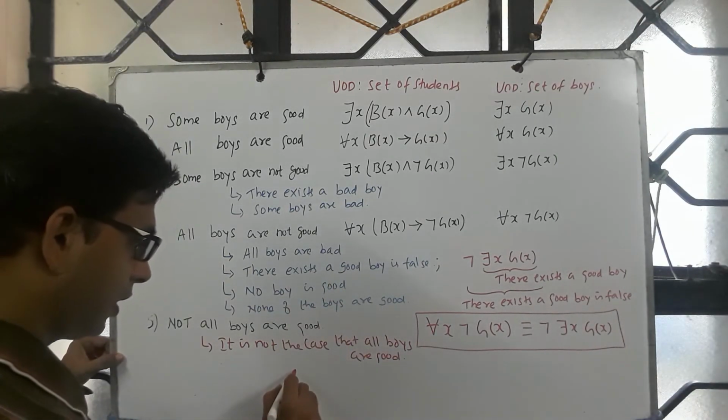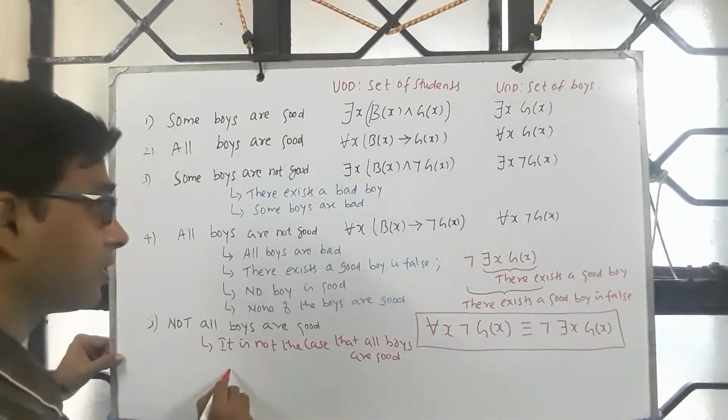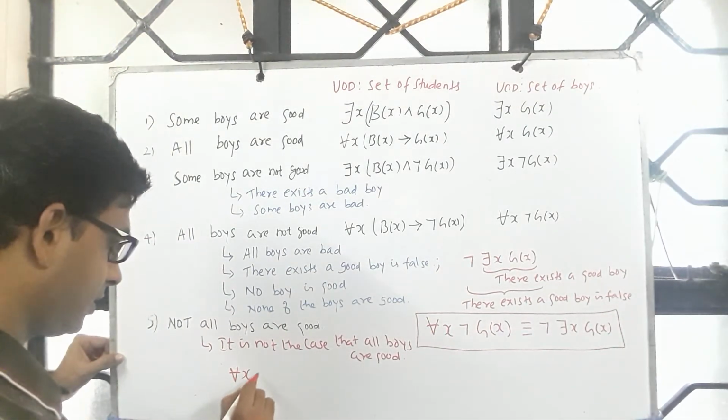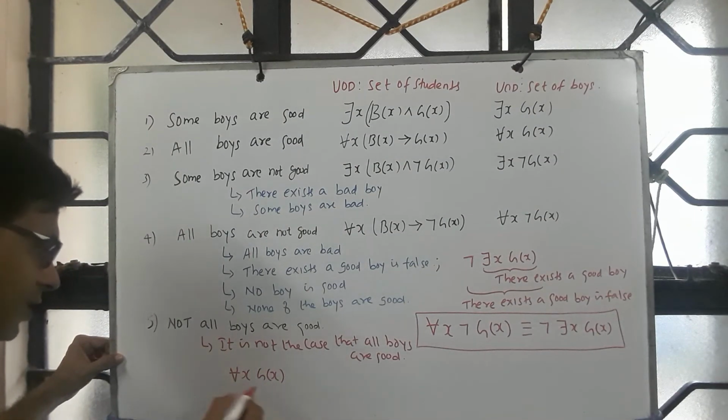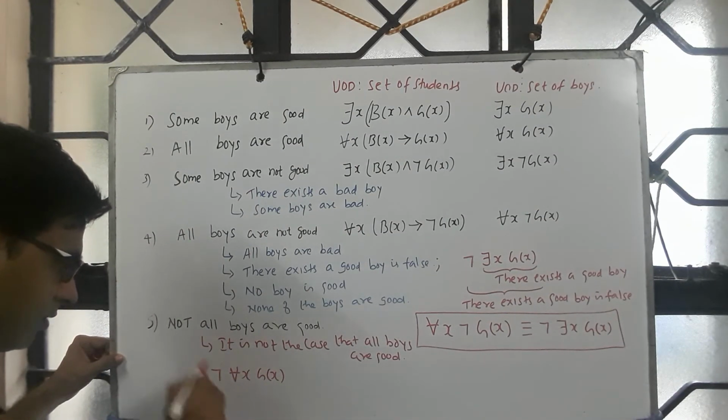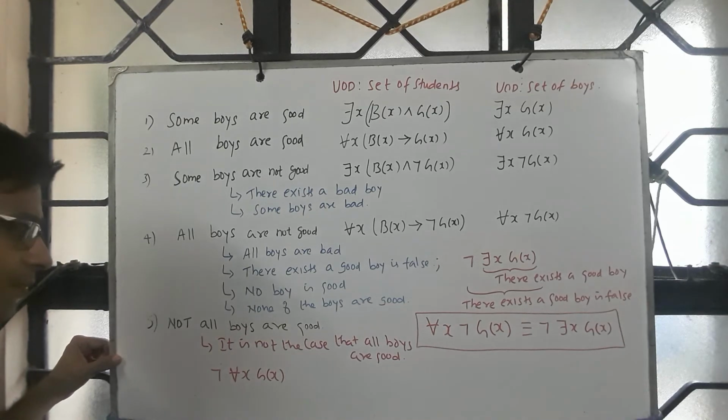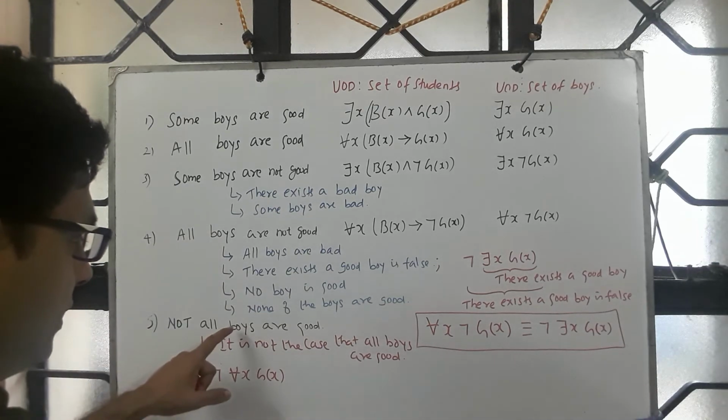So all boys are good is for all x g of x. Not all, or it is not the case, so negation of this. So what is this?